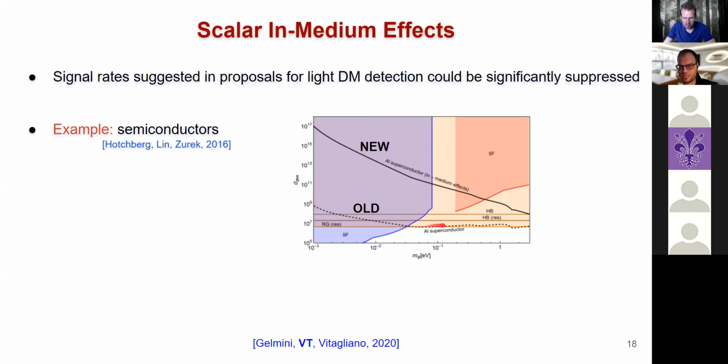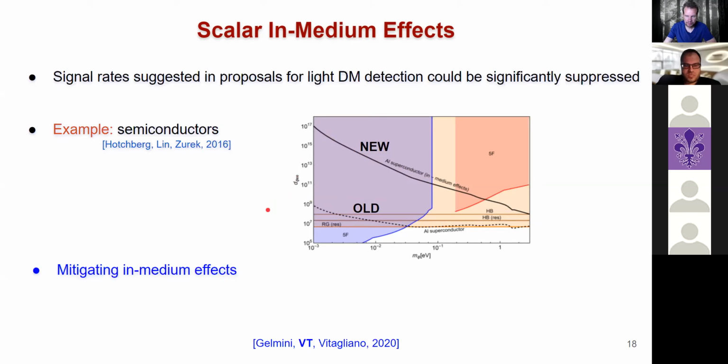This is the old sensitivity from the paper, and this is if you multiply by the suppression from these in-medium effects. Of course, a more detailed study needs to be done to see exactly how the suppression is affected in various proposals. But with this suppression, it could be very significant. In this particular case, it appears to be so. In fact, many orders of magnitude. So this appears to be an important consideration.